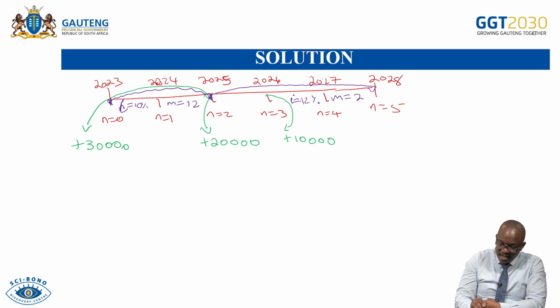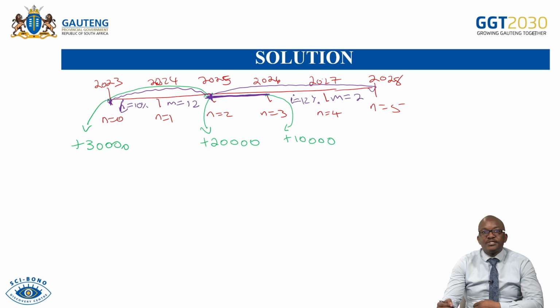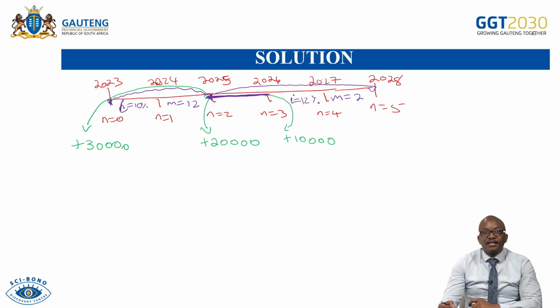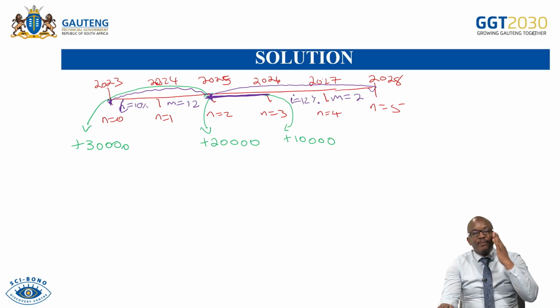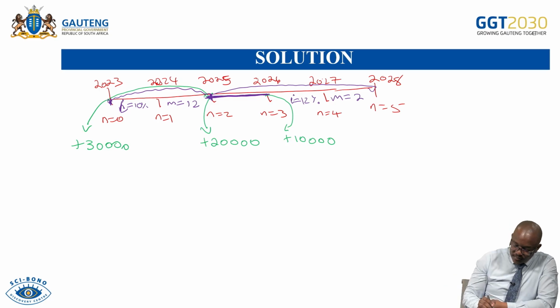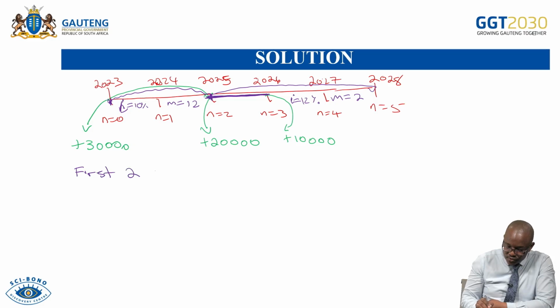From there, we calculate the investment within 2025 and 2026, which is 1 year. Also add 10,000 after 2026. Correct. Then we can calculate for the remaining 2 years. You see, we're breaking it into 3 parts. So now, let's start with our first 2 years.